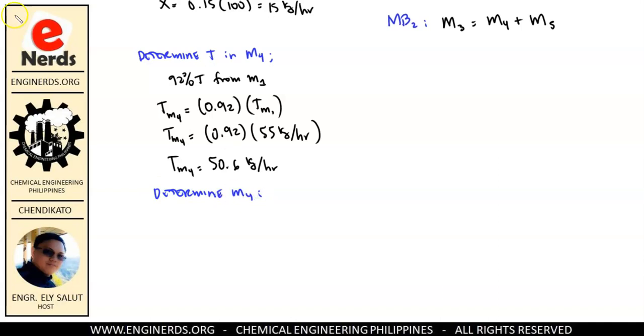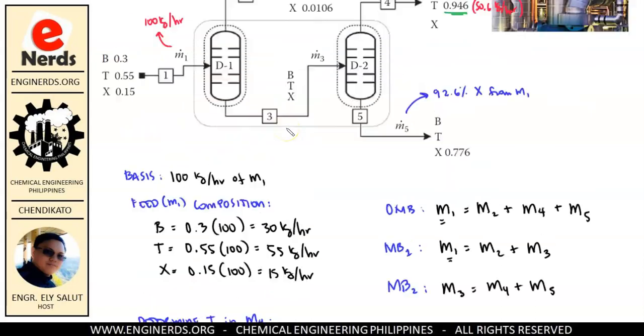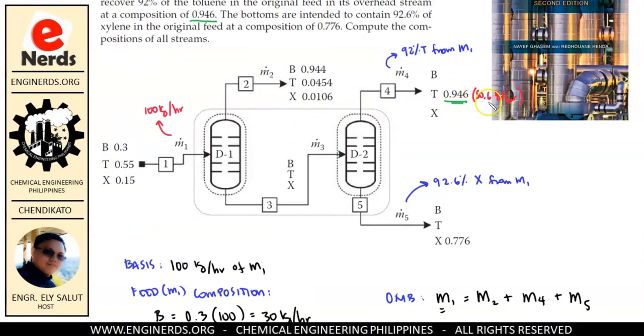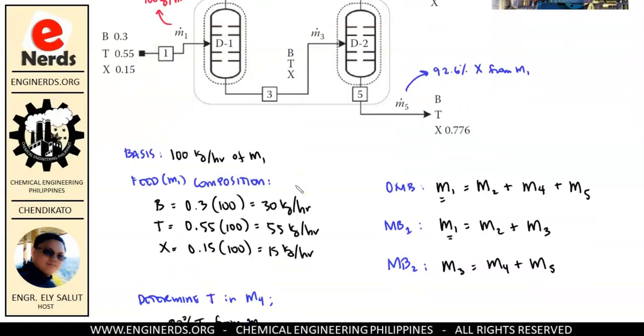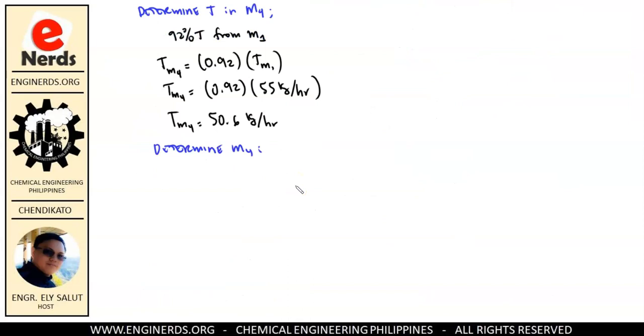How are we going to do that? It is mentioned that our toluene here is 0.946 of our M4. Okay, so that means 0.946 of our M4 is equal to our toluene M4.